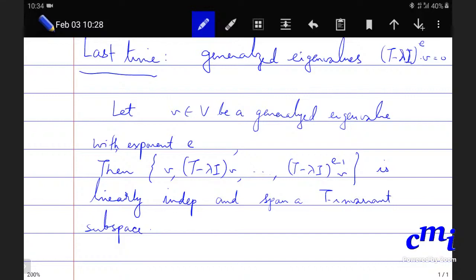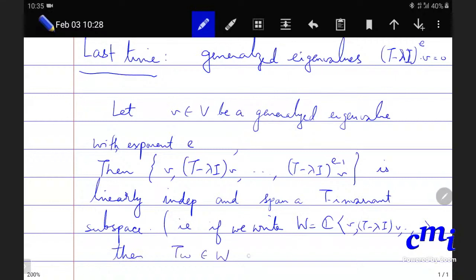Let me just remind you what this means. That is, if we write W for the span, and we're discussing complex vector spaces, of v, (T minus lambda I) v, and so on, these E vectors that we have, then T of w is in W for all w inside W. That's what we mean by T-invariant subspace.